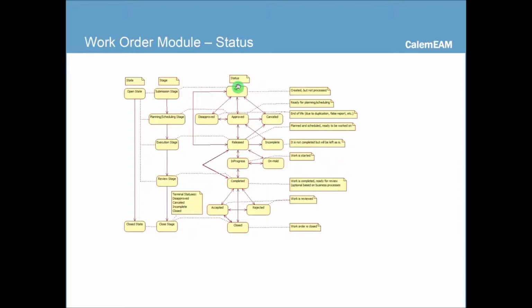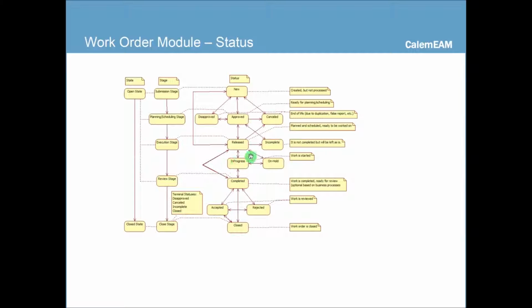Work order status drives all the states and stages. A work order gets created in status new. It can be disapproved or cancelled, maybe due to false reports or duplicates. It can be approved for planning, and once the planning is done, it's released for execution. If someone picks up a work order and starts to execute it, he can change the work order to in progress.